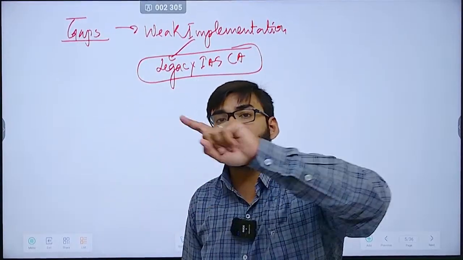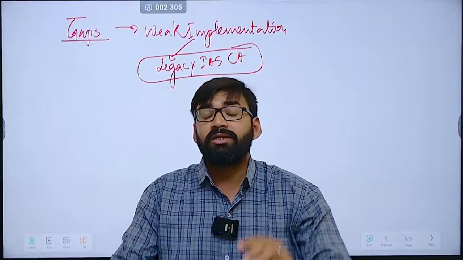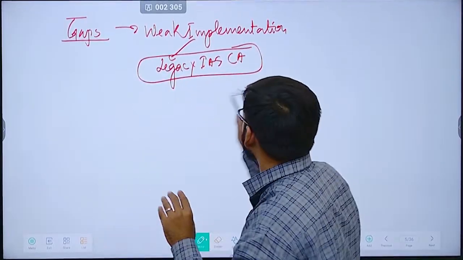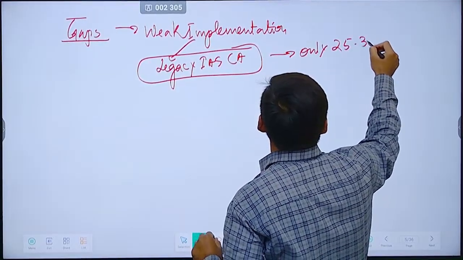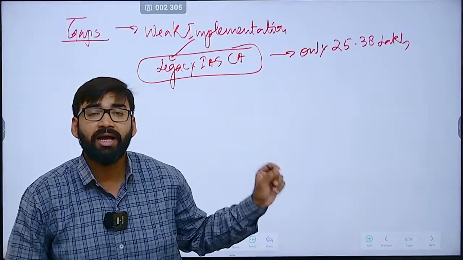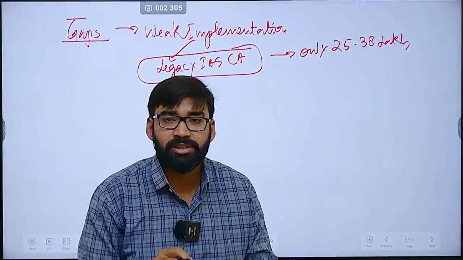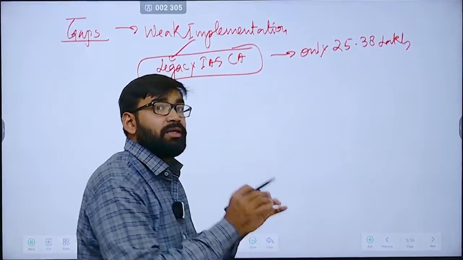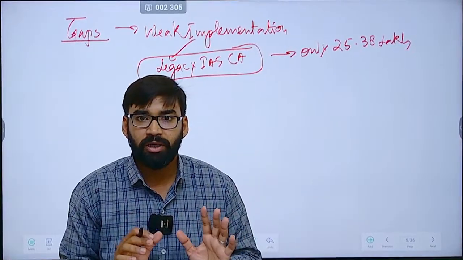This data was already there in our current affairs magazine in February 2026, that only 25.38 lakh of 54 lakh claims, that is 47%, filed under the Forest Rights Act have been approved. Clear?